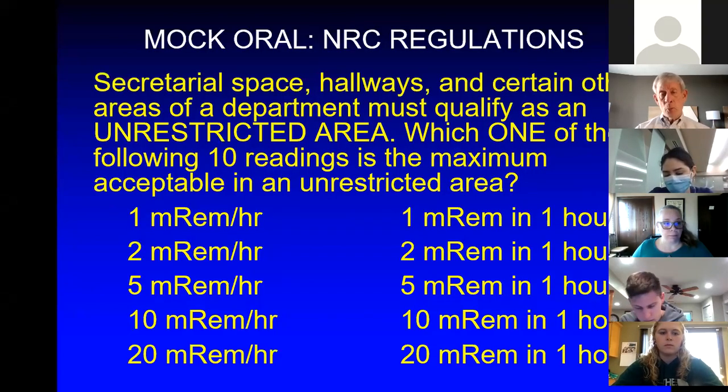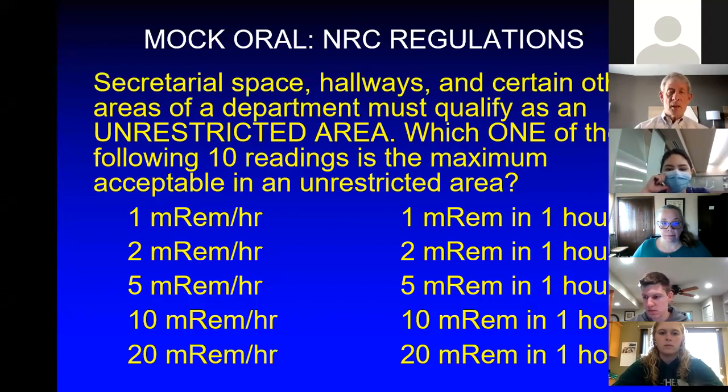Now, normally when you get an exam question, you're not going to get 10 choices like you have here. There are only going to be 4, but I've put a lot of choices here for a specific reason just for this question. How do we define an unrestricted area?